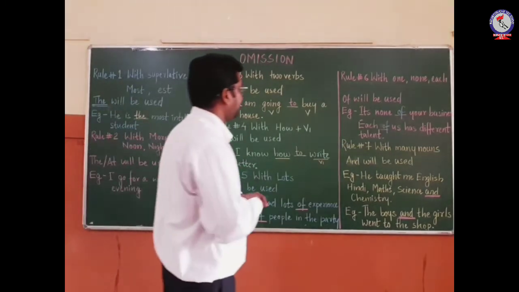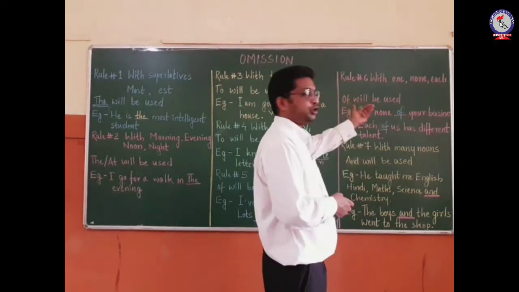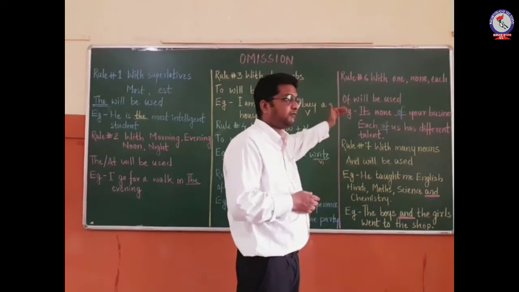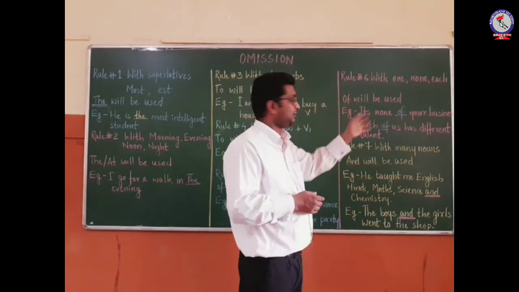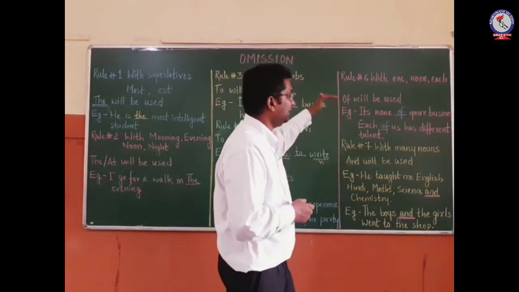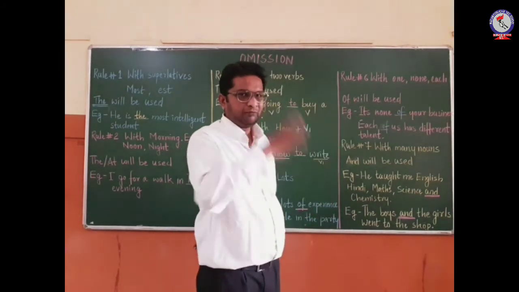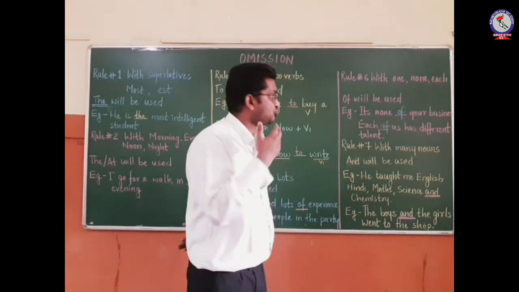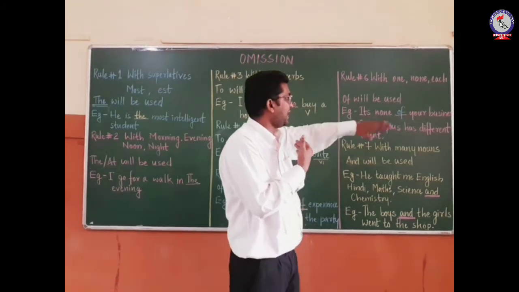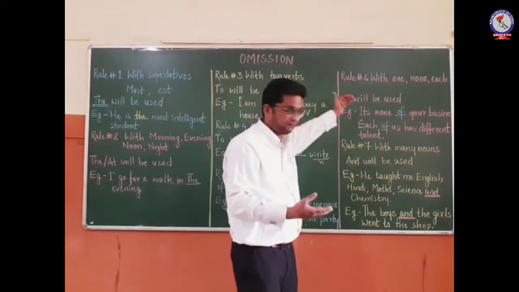Let's move on to rule number 6 with one, none, each. We will use of. Again, of is used with one, none, each. See here an example. It's none of your business. So whenever you come across any sentence in which none is seen by you, and you see that something is missing after none, it will be of.